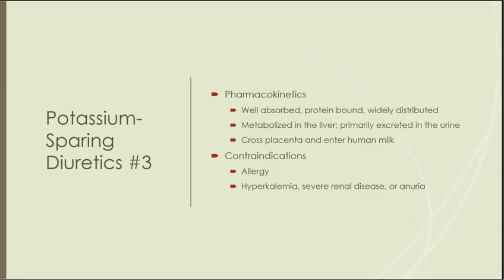If the patient has severe kidney disease, we're not giving this medication because they're not able to get rid of the potassium. If they're not able to urinate, that's another problem because increased potassium levels require functioning kidneys to be effective. Check kidney function, check for EKG changes to prevent life-threatening hyperkalemia.